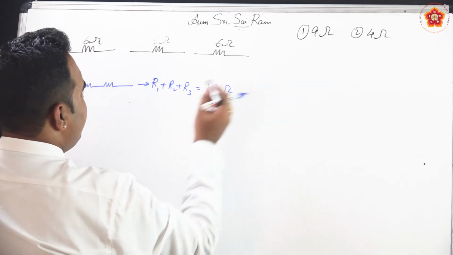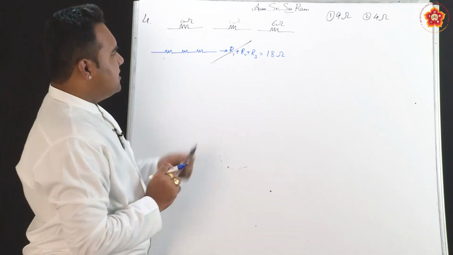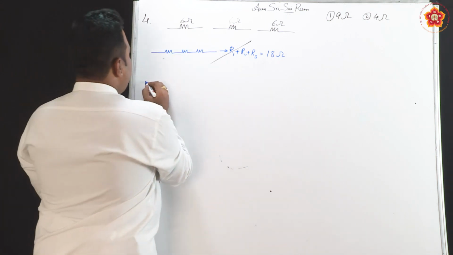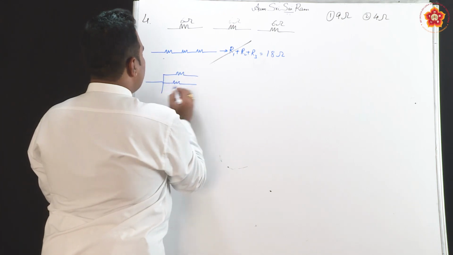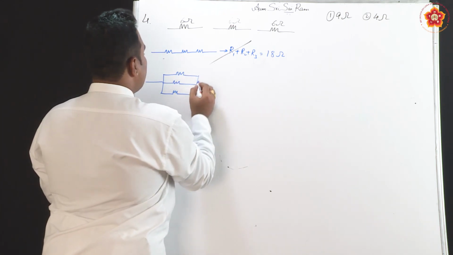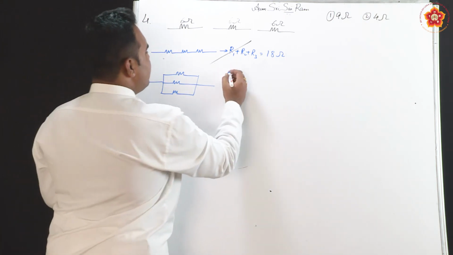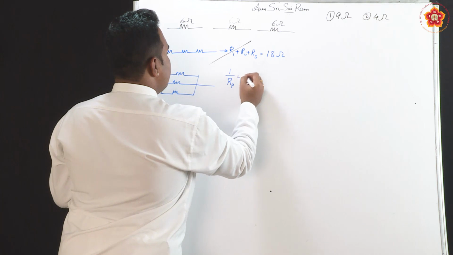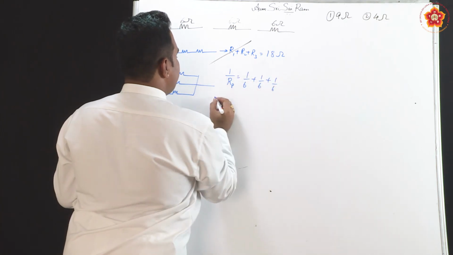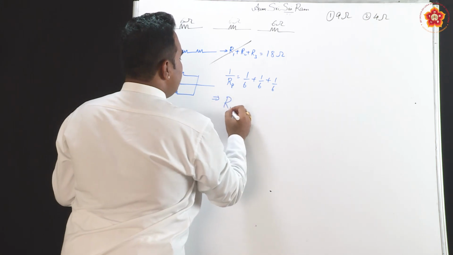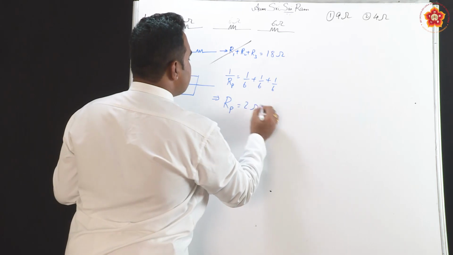No, because they are asking for 9 and 4, so there is no point in connecting all 3 in series. Now if you connect all 3 in parallel and calculate the effective resistance using the formula 1 by Rp is 1 by R1 plus 1 by R2 plus 1 by R3, we see that the total effective resistance will be 2 ohms.